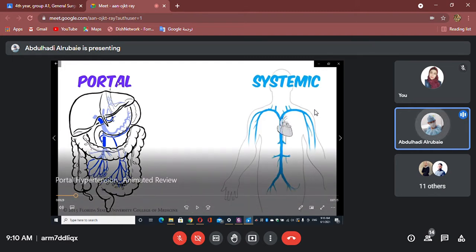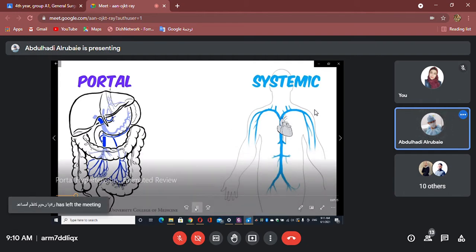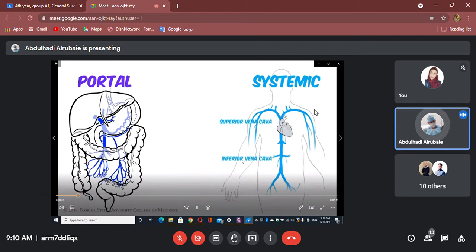As you see from this animation, the blood is directed to the heart from the portal system, and the rest of the body drains through the systemic venous system by the superior and inferior vena cava.